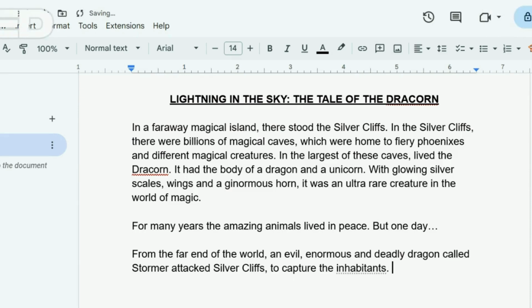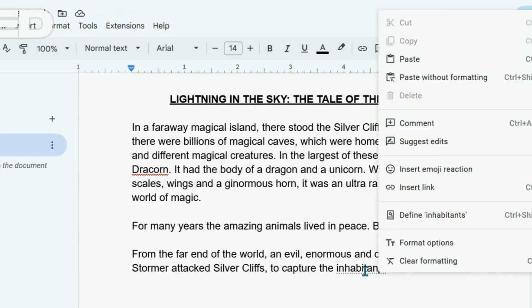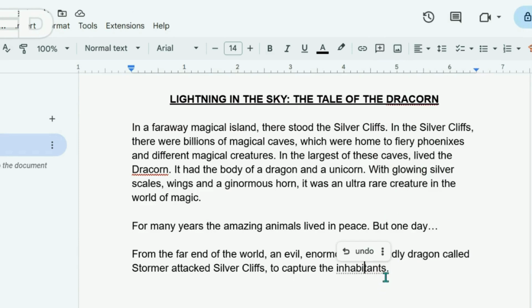Inhabitants are people or animals who live in a place. Like if someone says we are inhabitants of Colombo, that means we live in Colombo. Inhabitants.